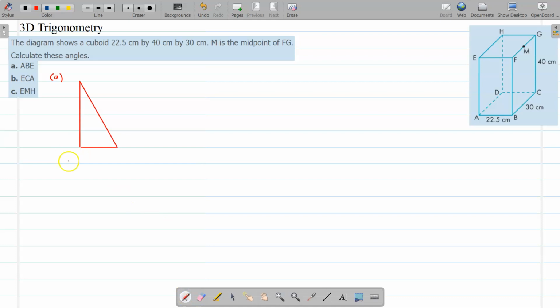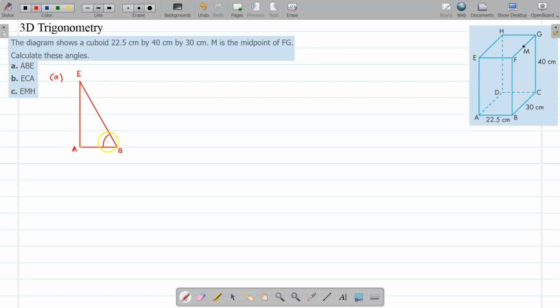ABE. So I'm going to label the points as they are on the diagram. I've taken this straight off the front of the box, A, B, E, and I've drawn in the line where I can now see the angle that I want. The angle is this one here, the one that corresponds to the middle letter in the block of 3.